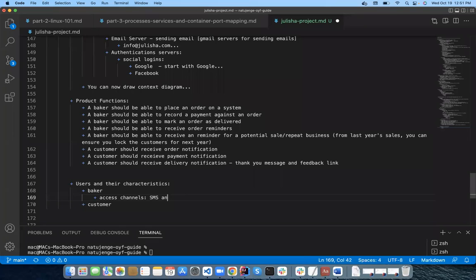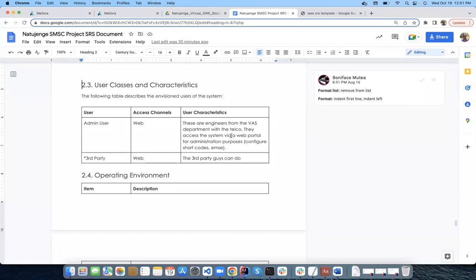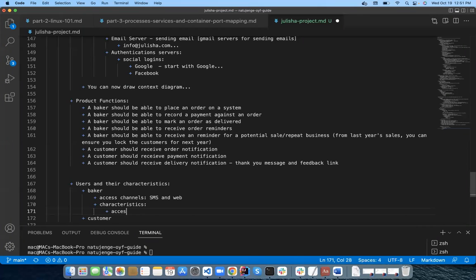So these guys will interact with SMS and web. You can give characteristics so they can access the system. They're the main user of the system. And can access the system via web portal.